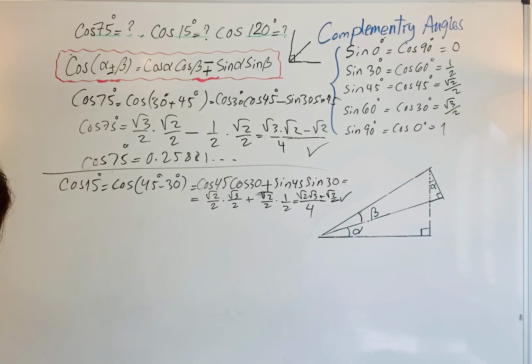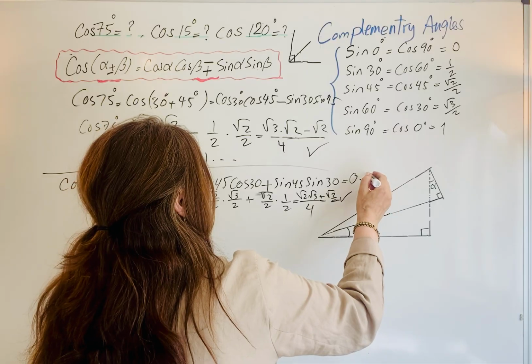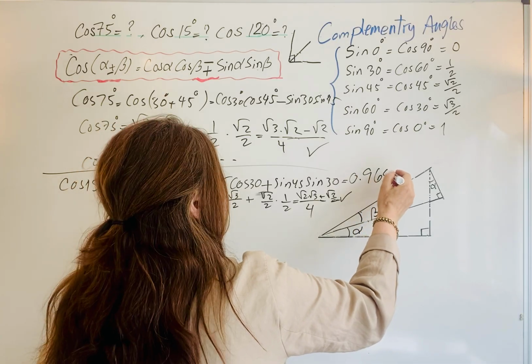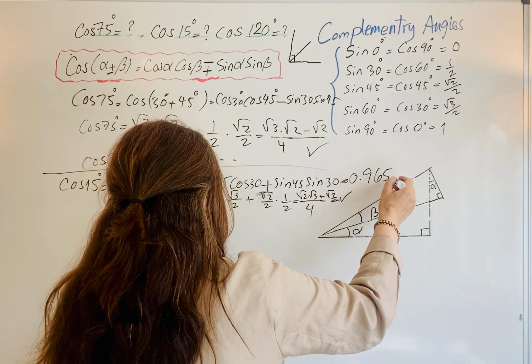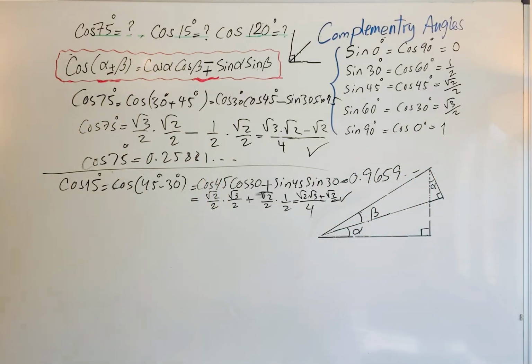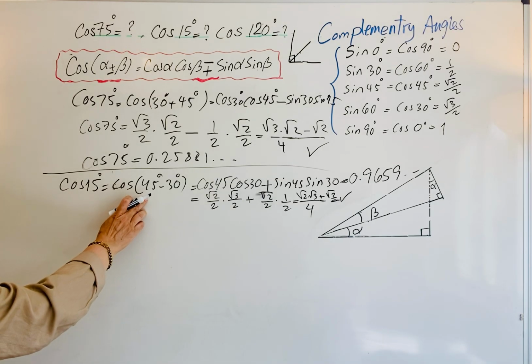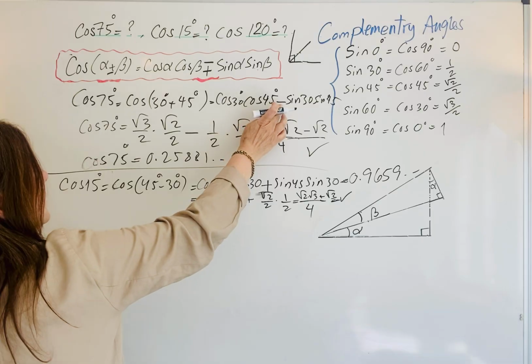Cosine 15 is 0.965, actually approximately 0.9659 and so on. Okay, good. It was the difference of this one, plus here, addition, minus here.